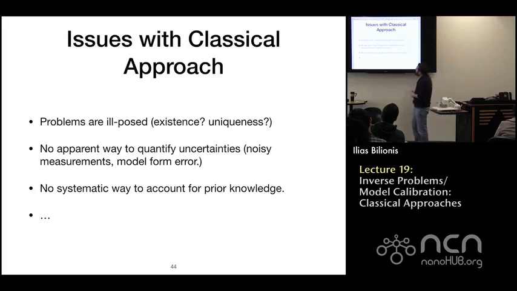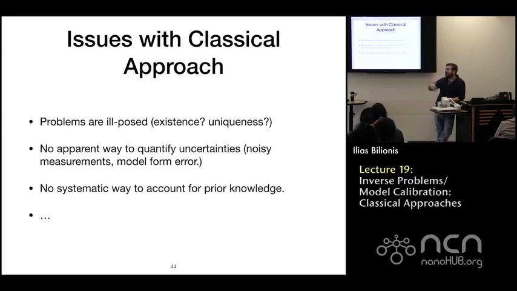There is no way to quantify uncertainties, and you have two kinds of uncertainties. One is measurement noise. How do you quantify measurement noise? Different levels of measurement, and the more noise you have, the harder it should be to solve the inverse problem, and so on and so forth.